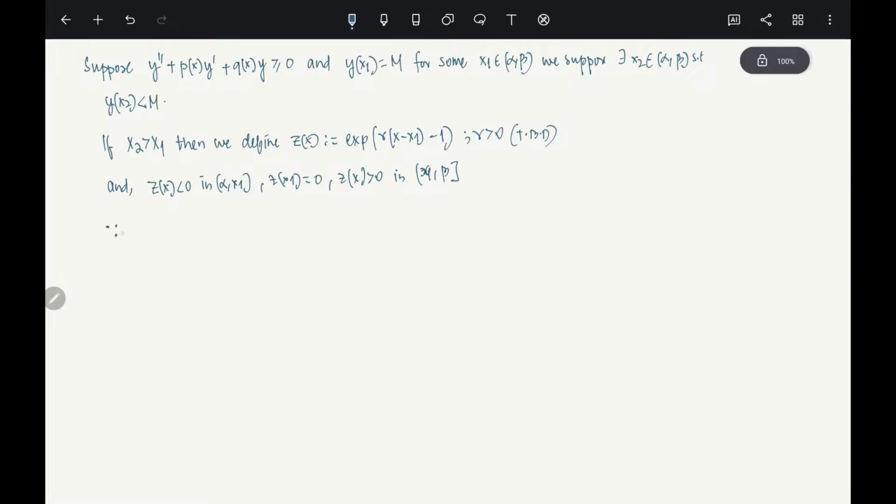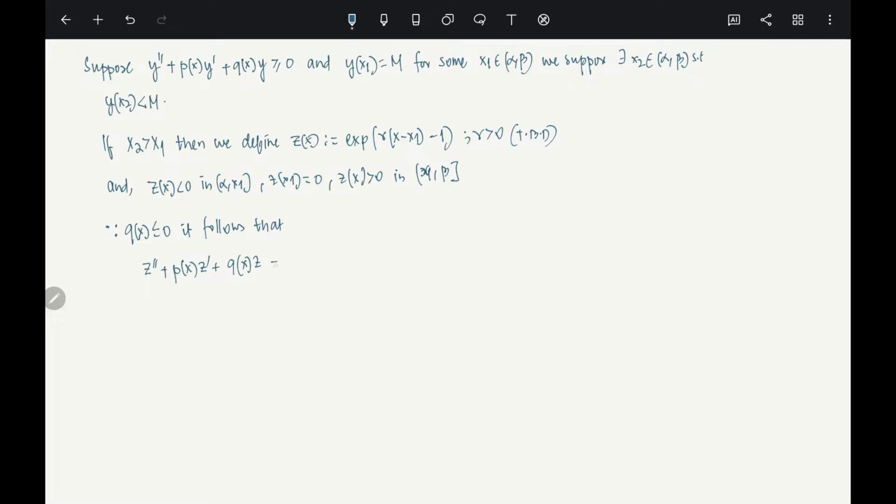Now, since q of x is non-positive, it follows that, you see, z double prime plus p of x times z prime plus q of x times z. What happens to this? Let's just look at it.